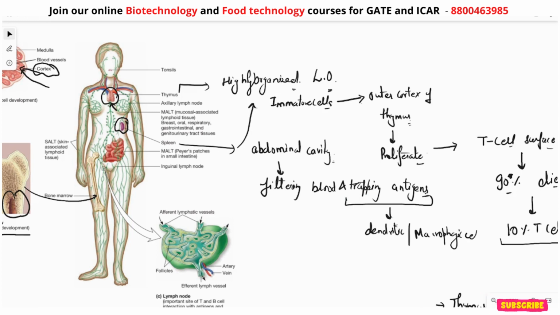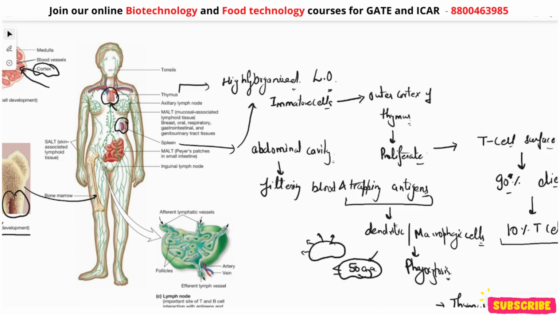Macrophagic cells, which are already present in the spleen, engulf microbes through a process called phagocytosis. Fragments of fewer than 50 amino acid residues are represented on the surface of macrophagic cells, where they act as antigen tags.